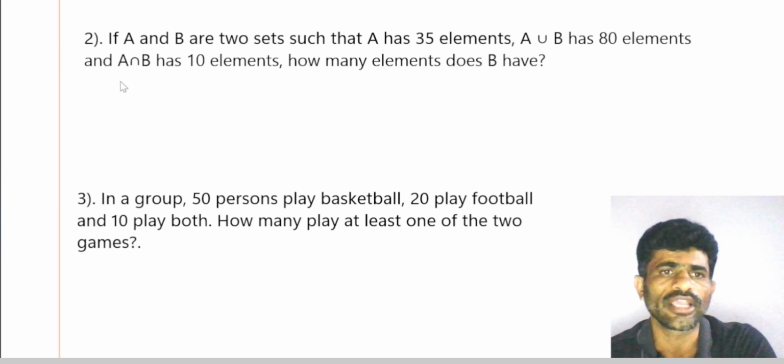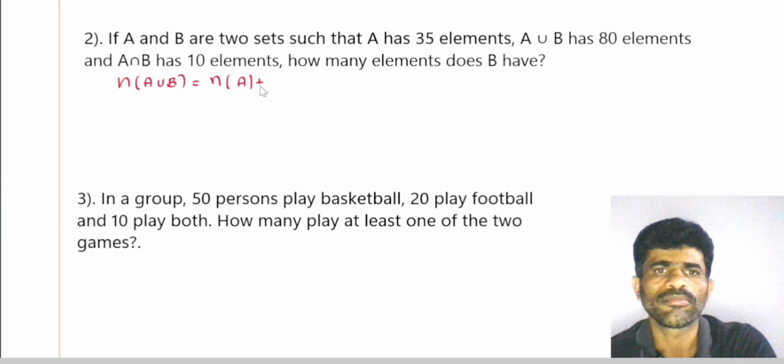So in this, again let us write the formula. n(A union B) is equal to n(A) plus n(B) minus n(A intersection B). This is the formula.